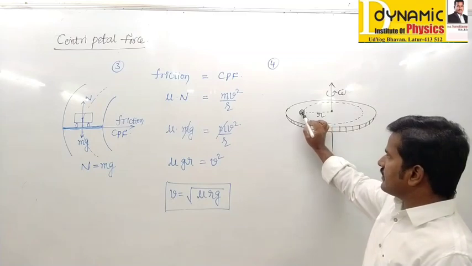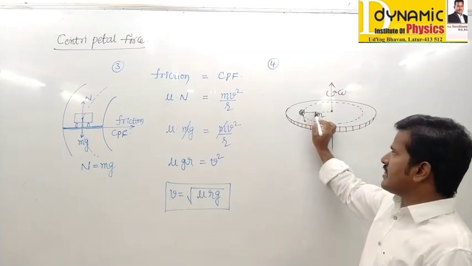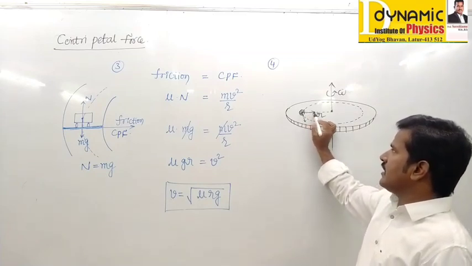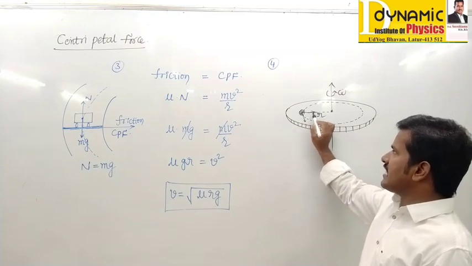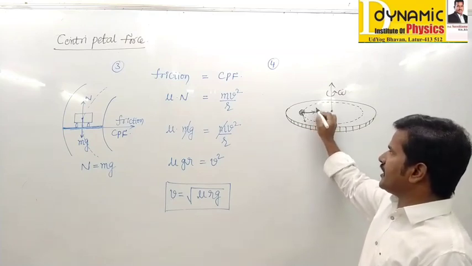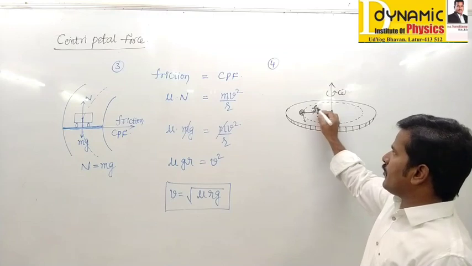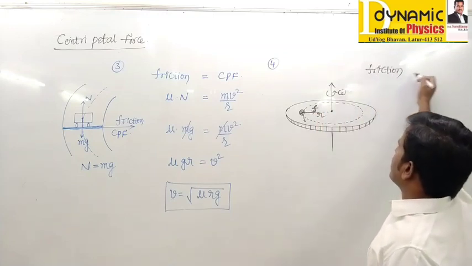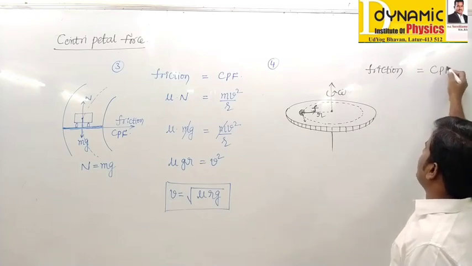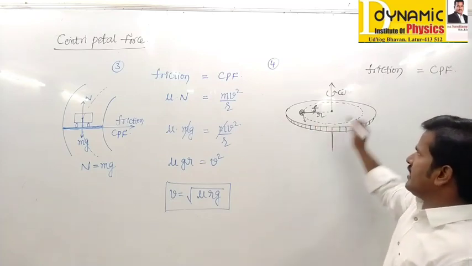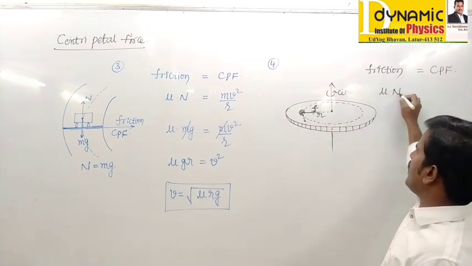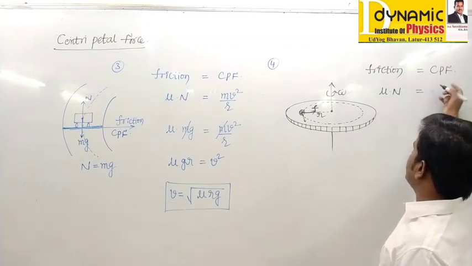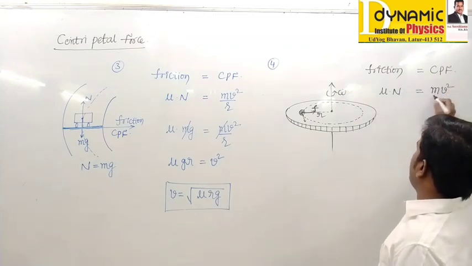So here the centripetal force is compulsorily acting on the coin, and this centripetal force is given by friction. Friction provides the centripetal force, CPF. Here friction is written as mu into N, which equals the centripetal force mv square upon r.